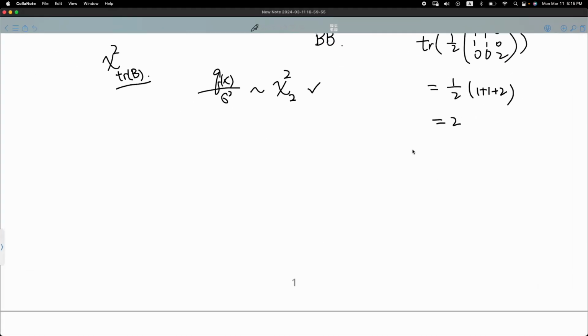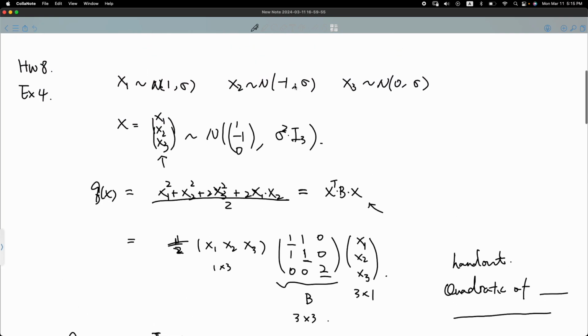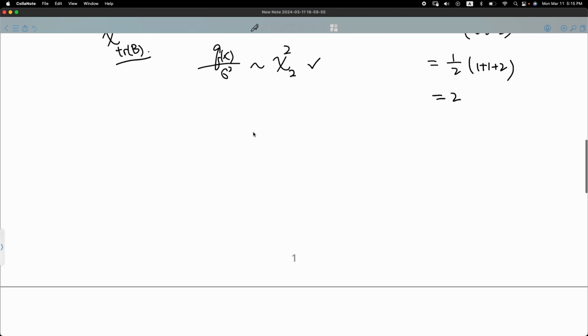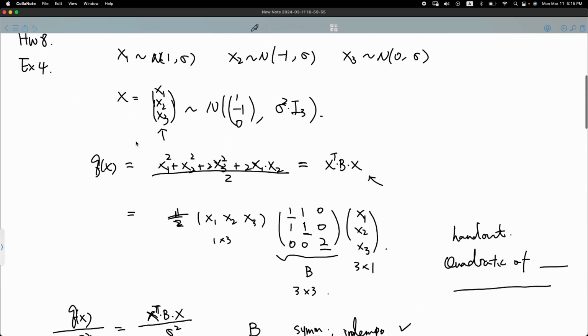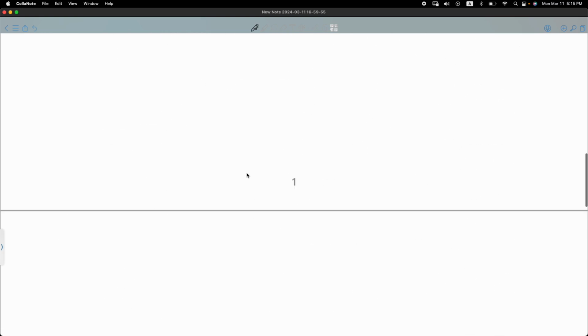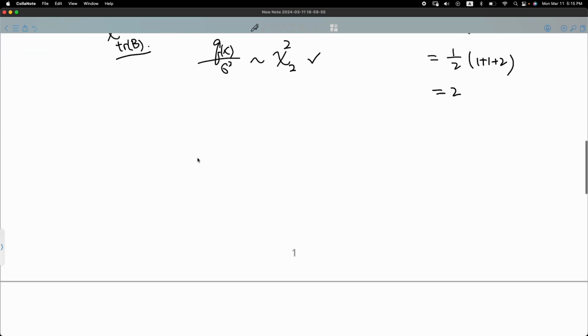So what I meant is that this mu here. Okay, then I see. So this is our mu, right? So you want to use that? Yeah, you will need to calculate that.